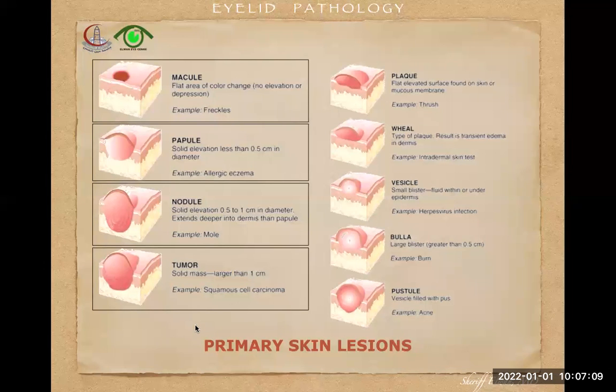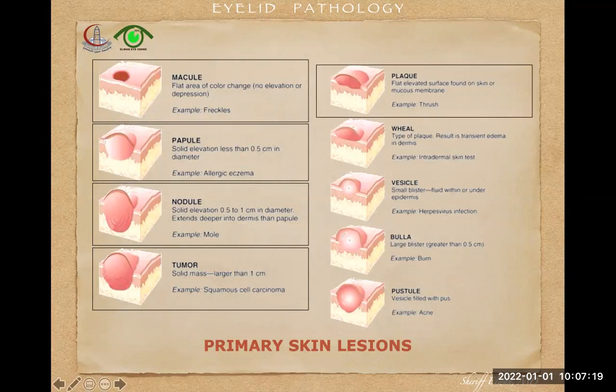In the mucous membrane, a flat elevation on the surface is called a plaque, and it may sometimes occur on the skin as well, like thrush, like when there is exudation in cases of herpes simplex, for example.